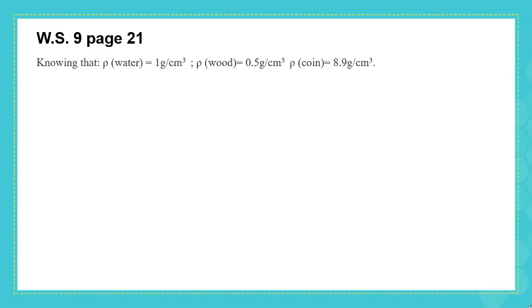Open your worksheet 9, page 21, and follow this application. Knowing that rho, which is the density of water, is equal to 1 gram per centimeter cube, the density of wood is 0.5 gram per centimeter cube, and the density of the coin is 8.9 gram per centimeter cube.